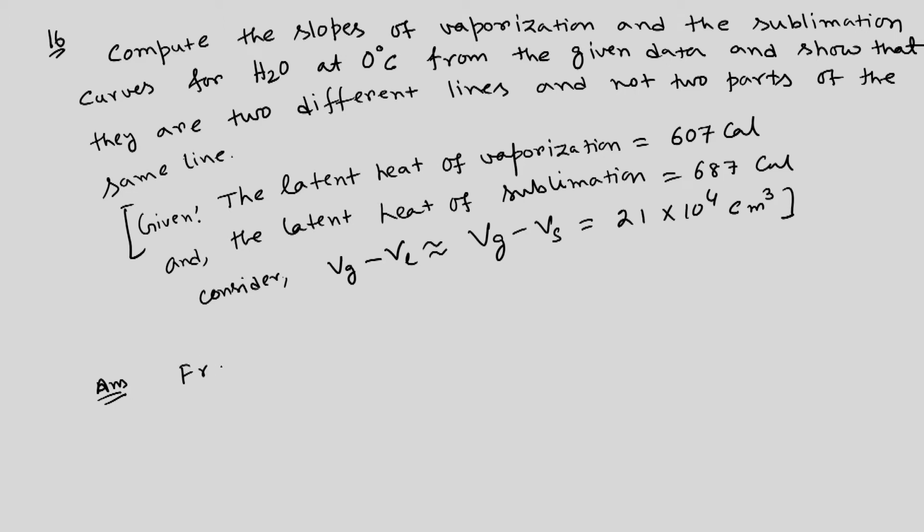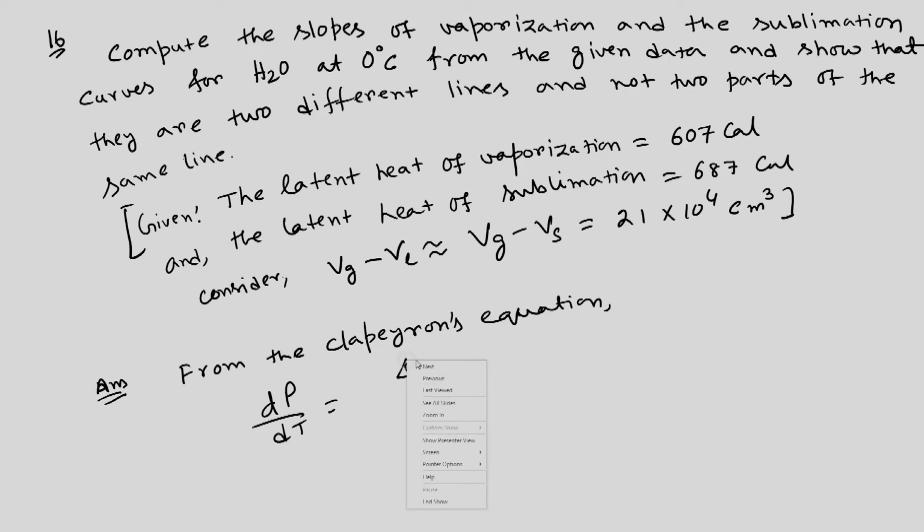From the Clapeyron equation we know dP by dT equals delta H by T times V final minus V initial.